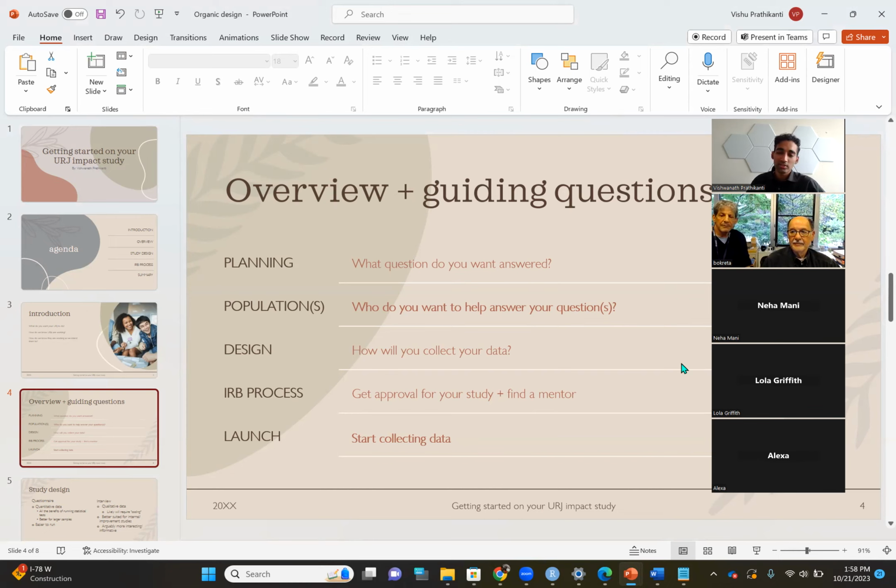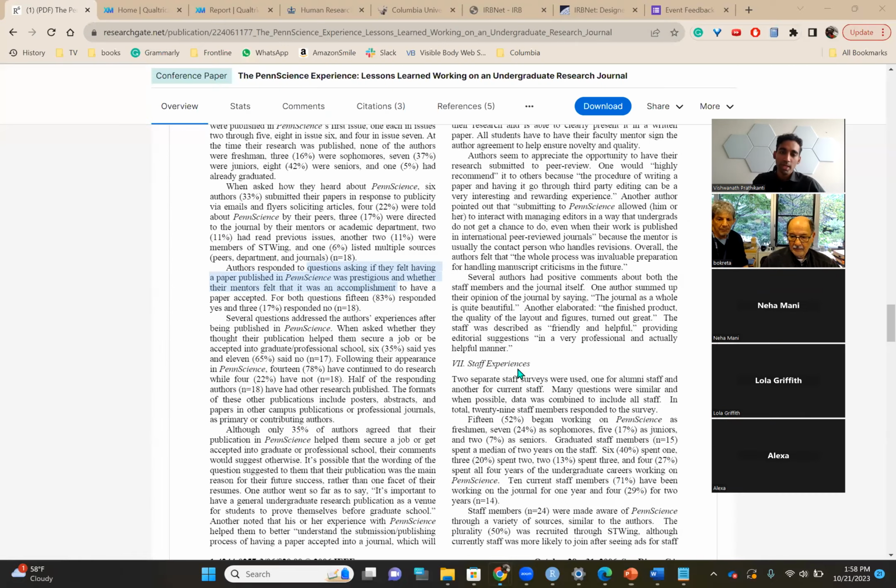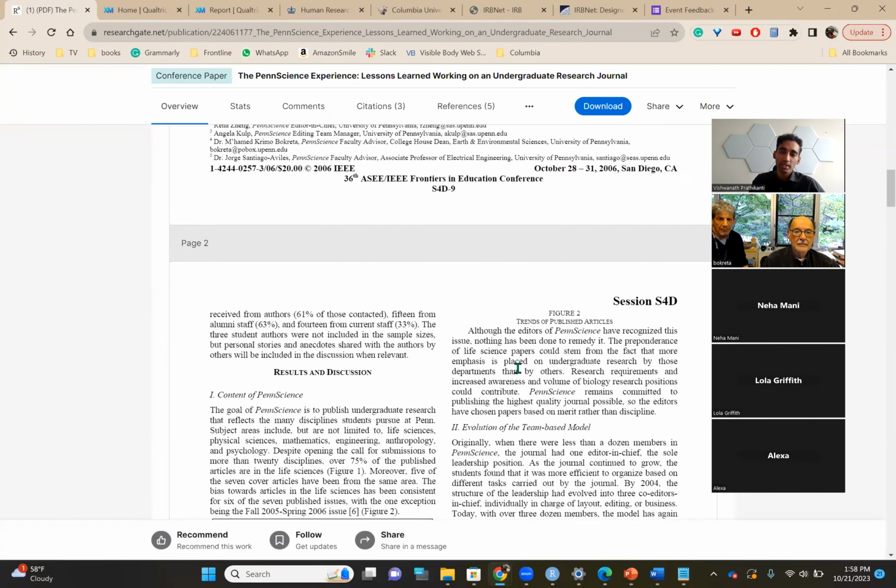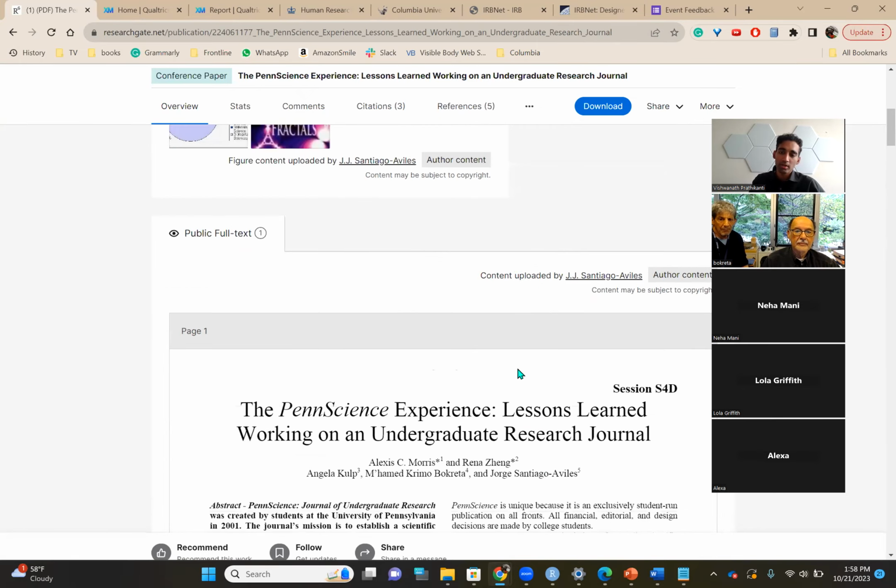And then lastly, you will need a mentor to follow through with this research project, because some universities do not allow people without an advanced degree to be on a project. But as you all can see on this paper, that doesn't stop you from being the first author on the paper.